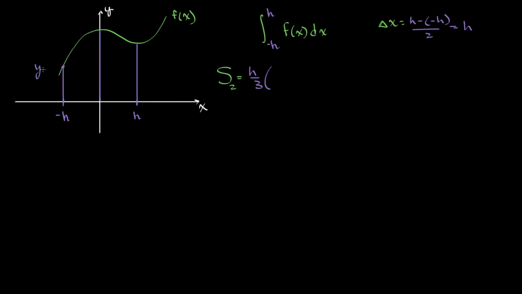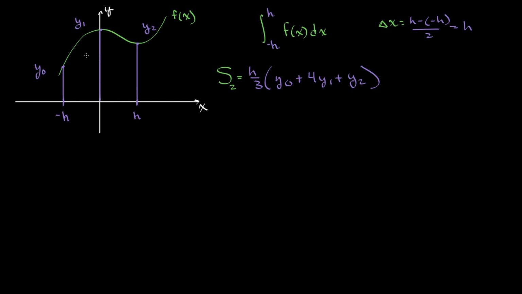So this is going to be y naught, and this is y sub 1, and this is going to be y sub 2. So now filling in Simpson's rule, we're going to get this. We're going to have y naught plus 4 times y sub 1, and then plus y sub 2. So that is Simpson's rule for this scenario, and we have two subintervals.